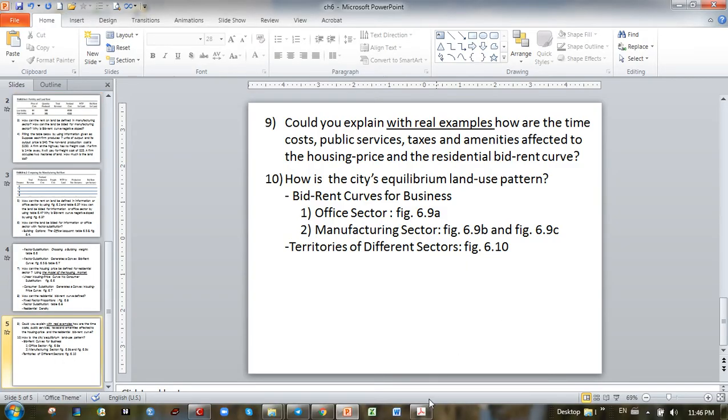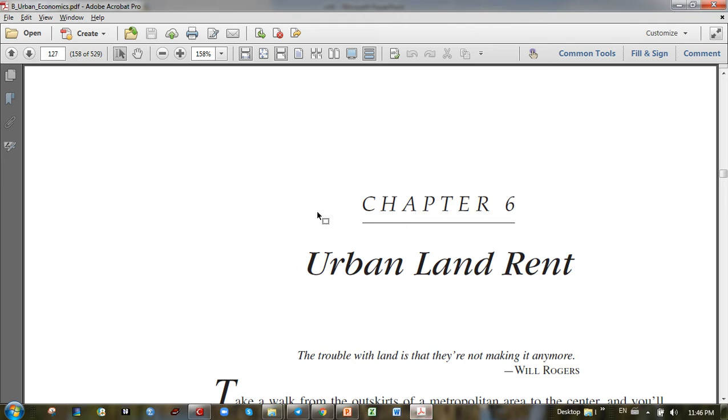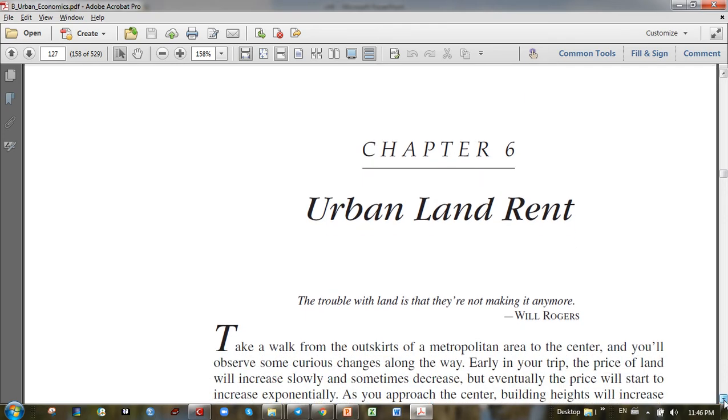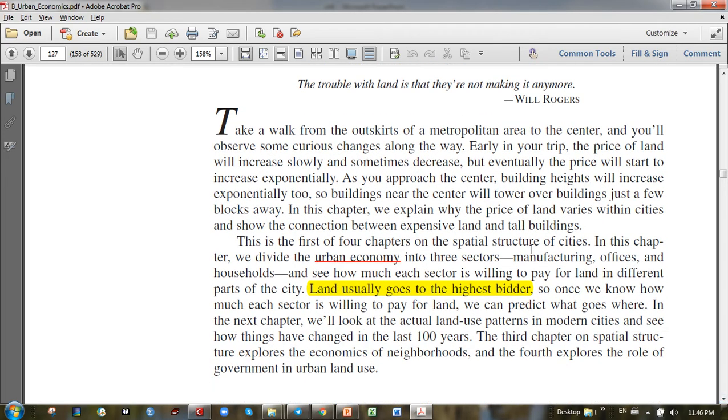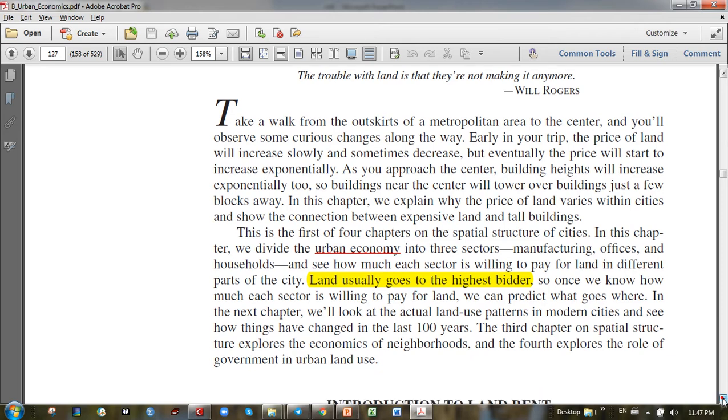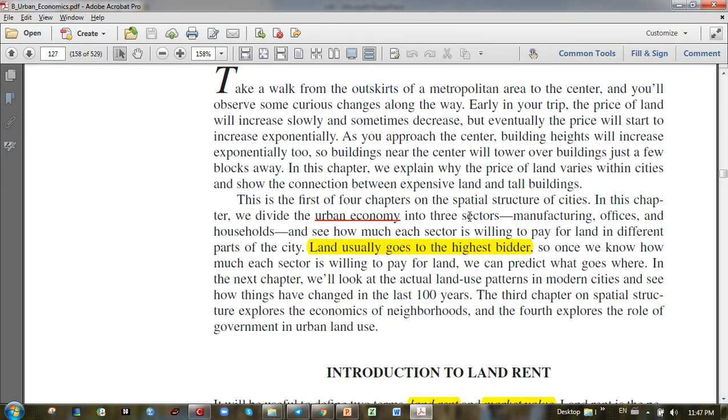We will go to see the textbook, chapter 6, urban land rent. First, they introduce some ideas regarding urban land rent. Sometimes you need to read this in order to get some basic idea or guideline.